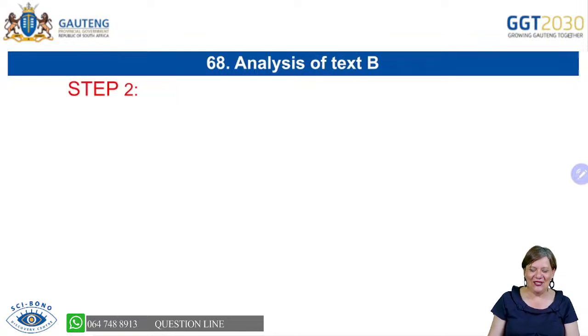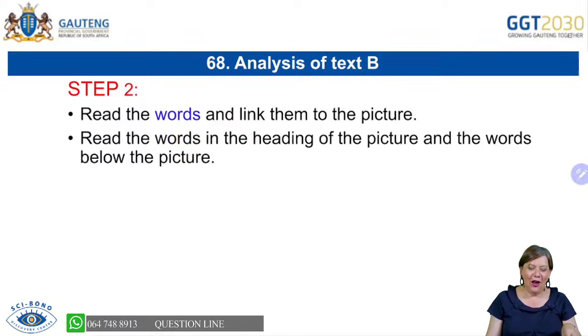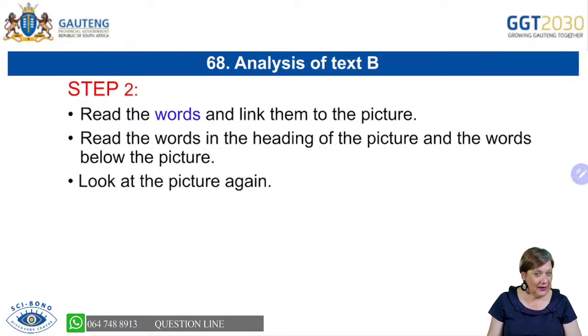And the other thing I need you to do then is to obviously look at the words, link them to the picture. Then look at the words in the heading and below. So you have to make sure that you cover all the words in the text because words might be all over the place. Look at the picture again.